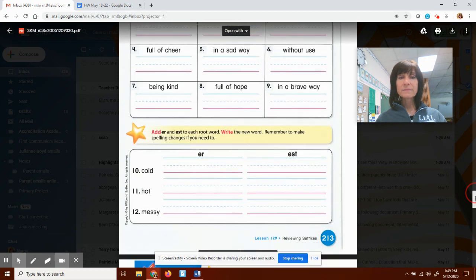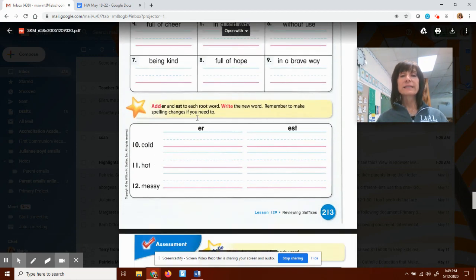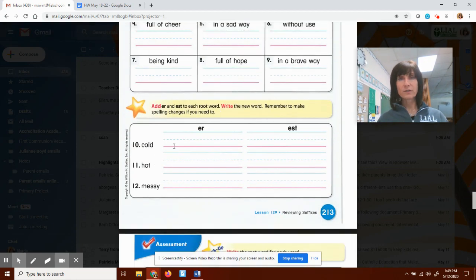On the bottom, add ER and EST to each root word. Again, just a review. You can go back to the previous worksheets you did to understand now, when do I drop a Y? I always drop a Y. When do I double the consonant? When I have a vowel consonant combination. So make sure you do those correctly.